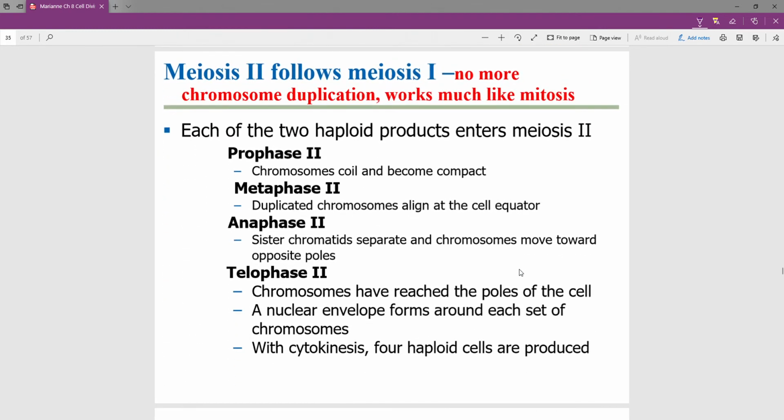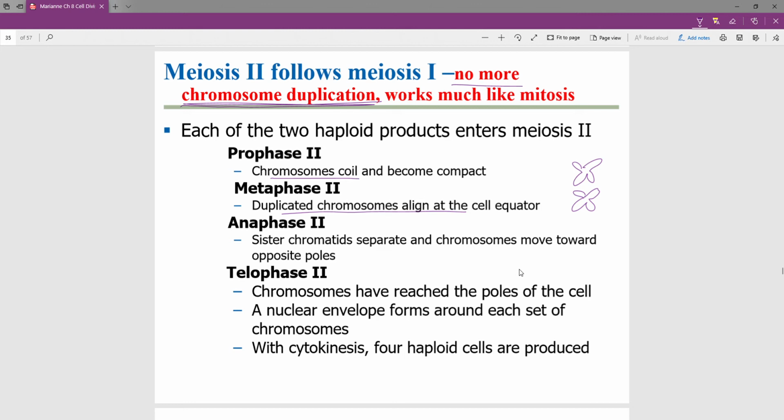Meiosis 2 is much more like mitosis. There's no more chromosome duplication. So that only happens once in both of these. And basically, I summarize them pretty quick. So prophase 2, chromosomes coil, and you can see them. They line up along the middle, and again, this time singly, like they did in mitosis.